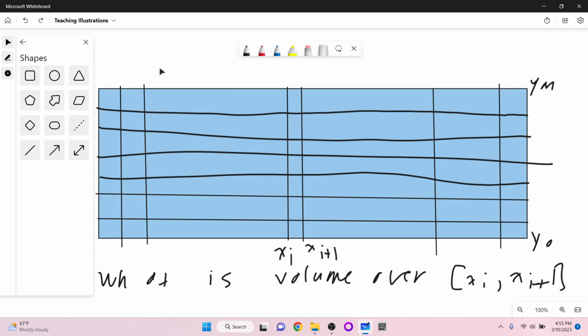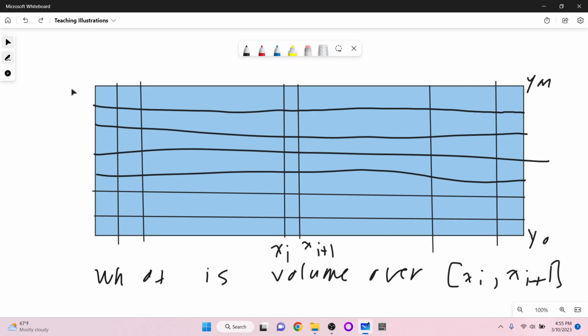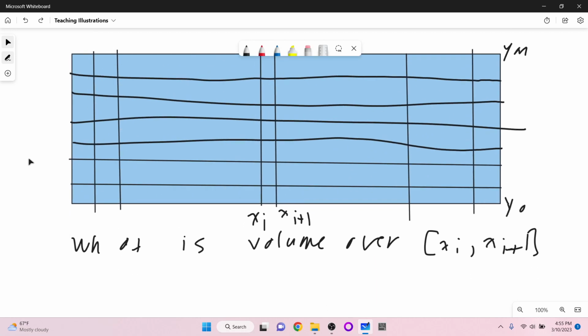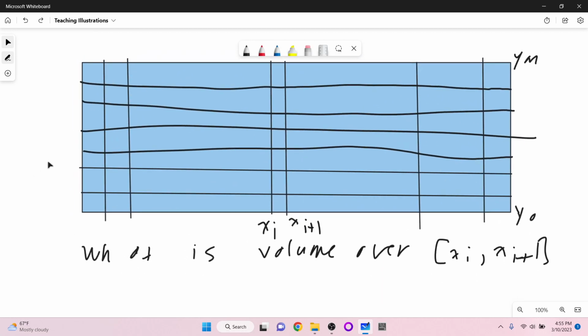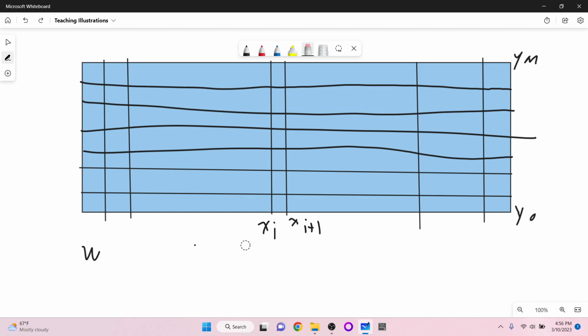All right, so let's see if we can do this using our integral idea. Well, the idea is that at this point, we'll pick a point somewhere between xi and xi plus 1. So we called it before, I think we called it xij star for each point here.